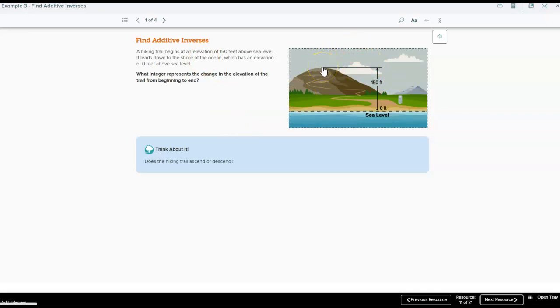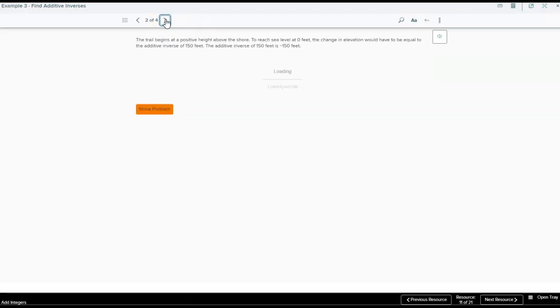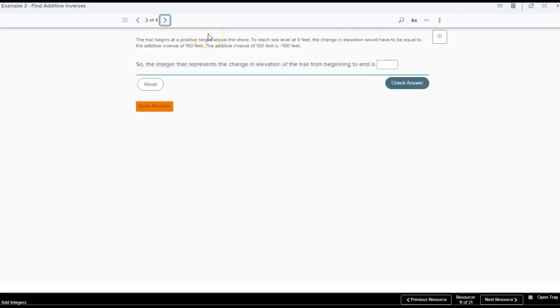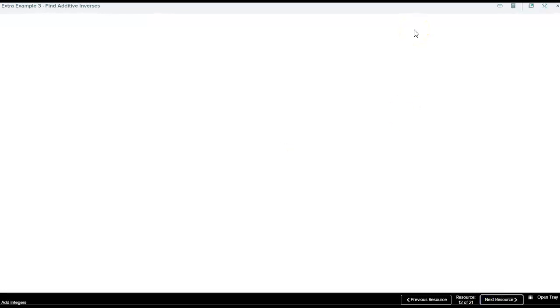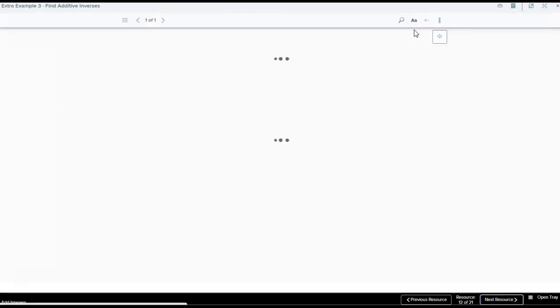If I start 150 feet up and then I end up at 0, then my additive inverse is going to be negative 150 feet. So 150 feet plus negative 150 feet is equal to 0. So the change in elevation, we go down 150 feet, so that's why it would be negative 150.